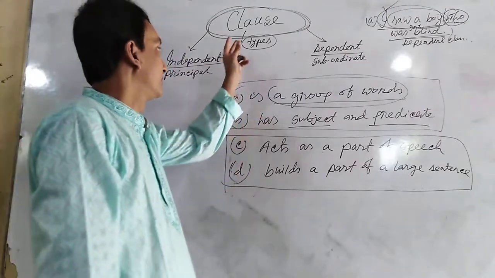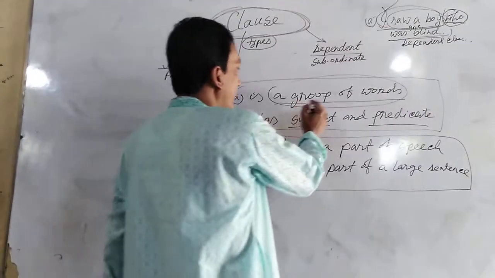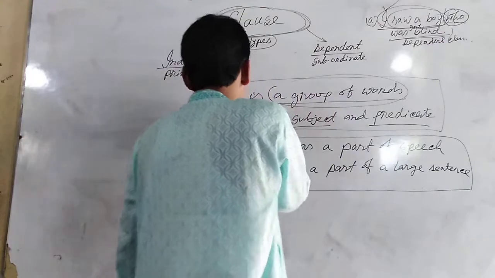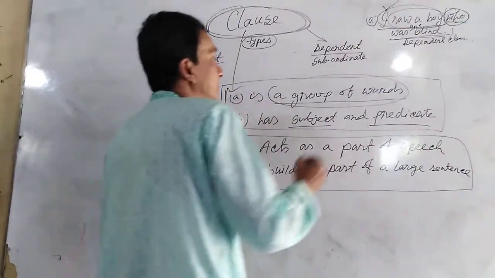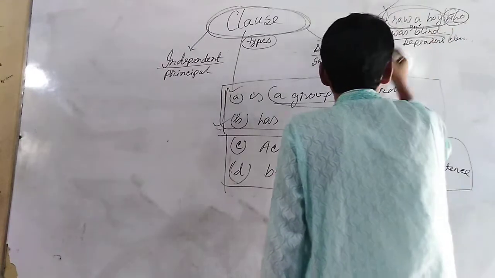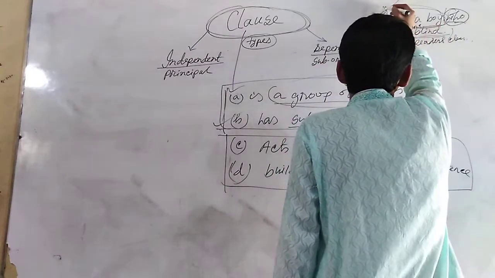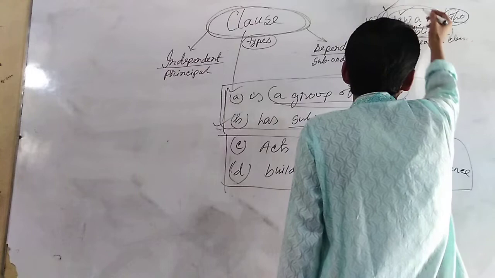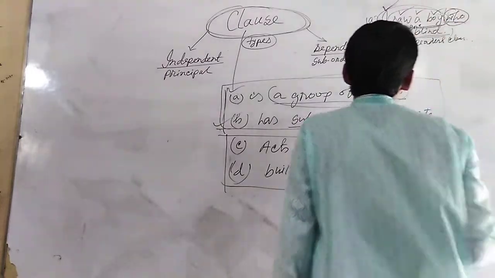But is a clause a group of words? Yes, it is. I saw a boy. This is a clause. And here we have found four words.